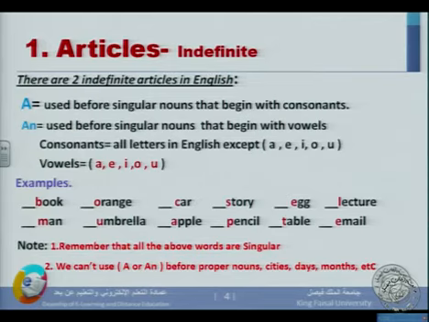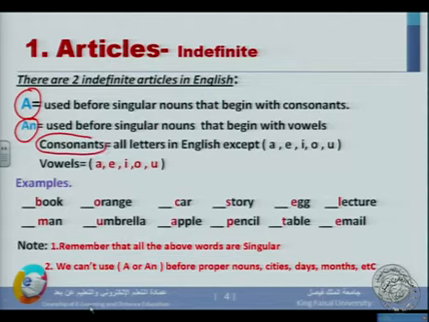بداية we will start with the articles. تعودتوا وتعلمتم بأنه articles in English, the indefinite article, indefinite معناتها مش محدد, are two: a and an. So there are two indefinite articles in English, a and an. A is used before singular nouns that begin with a consonant, and an is used before singular nouns that begin with vowels.